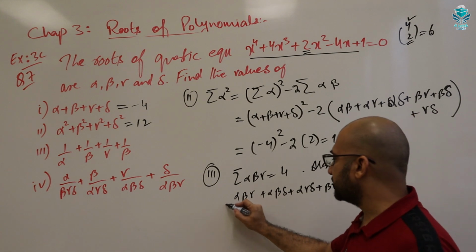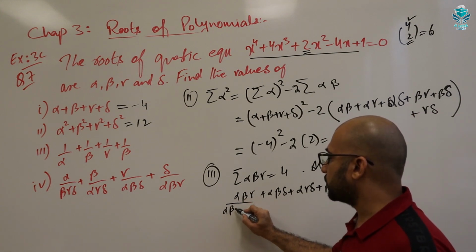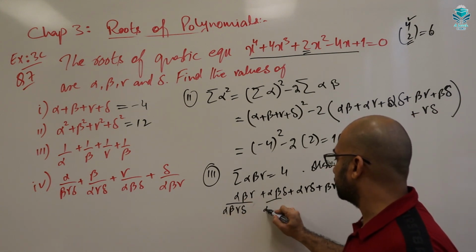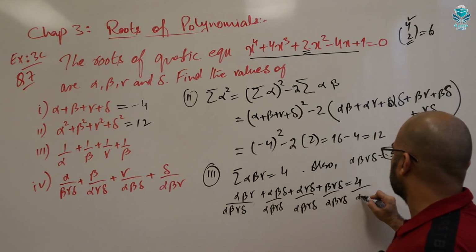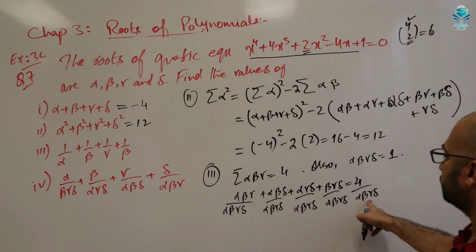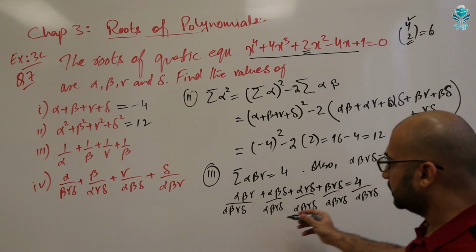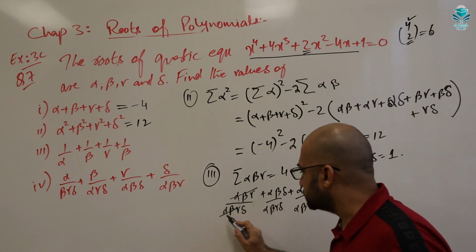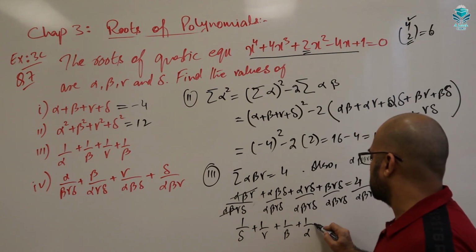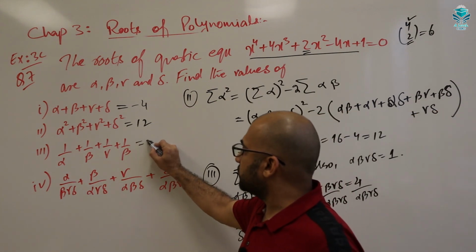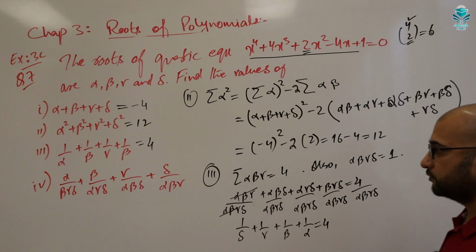So students, divide it by the product of all roots. The value of the product of all roots is 1, so we have 4. So the sum of the reciprocals of the roots is 4.